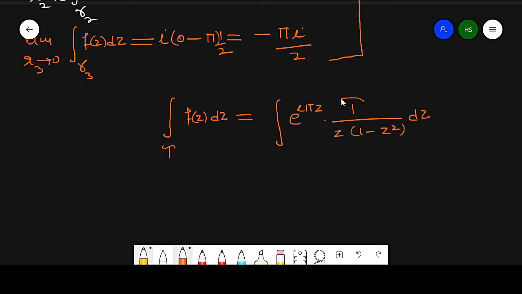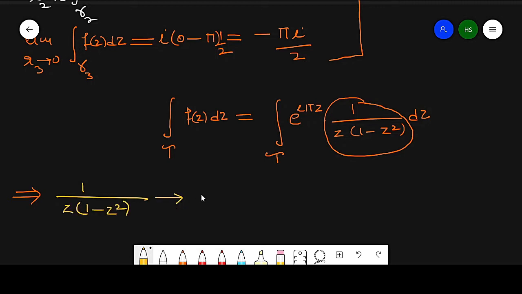So here, to apply Jordan lemma, I take this function. If I take this function and z approaches infinity, this function uniformly approaches 0. So it implies the limit of f(z), this function 1 by z into 1 minus z square, approaches 0 as z approaches infinity.